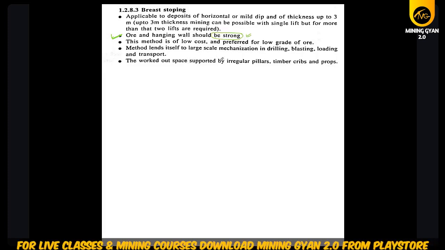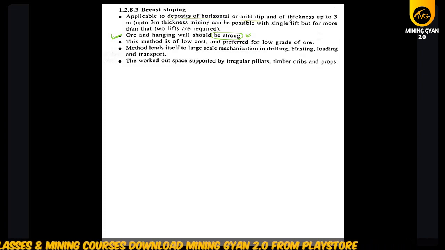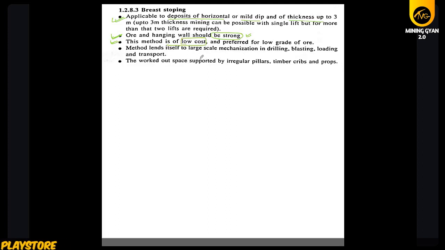Okay, and hanging wall and footwall both should be strong. And in this method, the deposit is horizontal or mildly dipping with thickness up to 3 meter. This breast stoping method is low cost. So this line you should remember कि ब्रेस्ट स्टोपिंग मेथड में लो कॉस्ट लगती है.